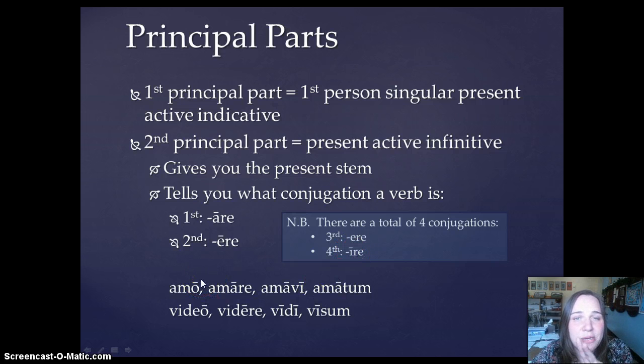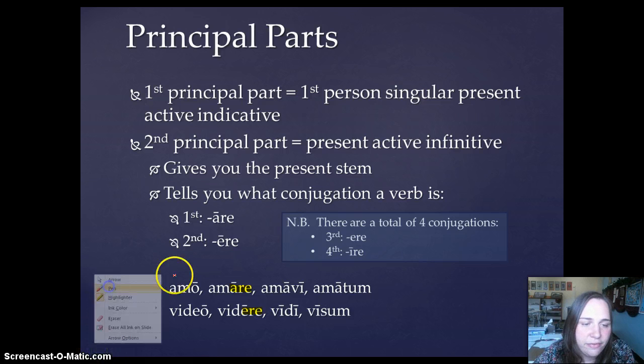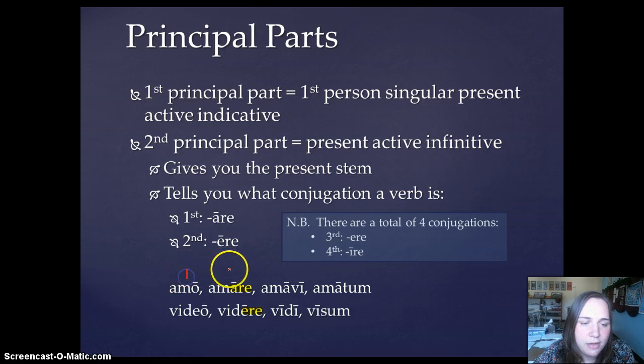Now, I'm giving you two examples here. One is of a first conjugation verb, and one is of a second conjugation verb. Each verb is expressed in all four principal parts, and you can tell what conjugation they are based on the ending in their second principal part. So here we have the first principal part, the second principal part, the third, and the fourth.